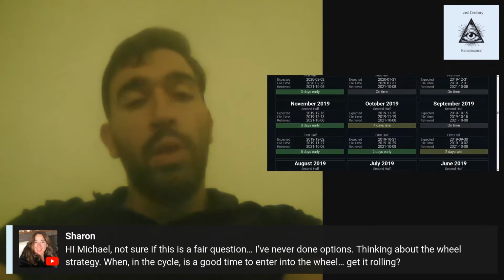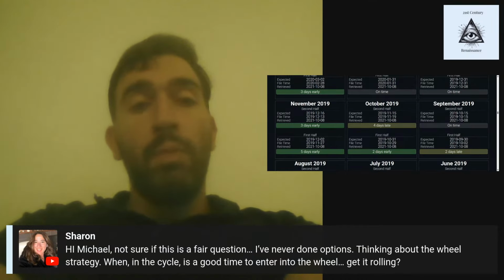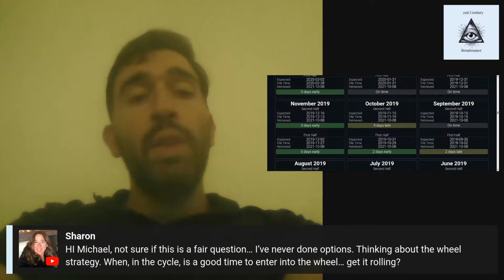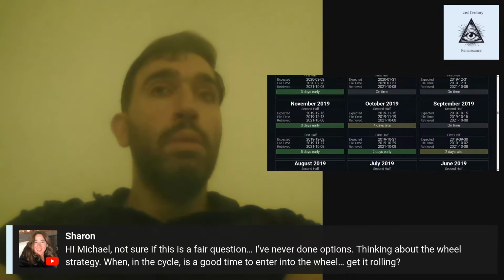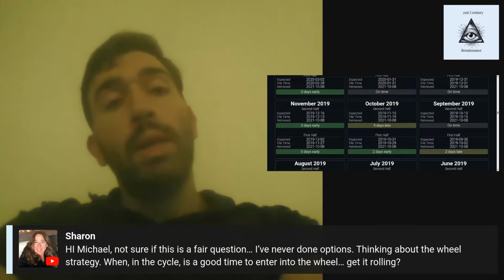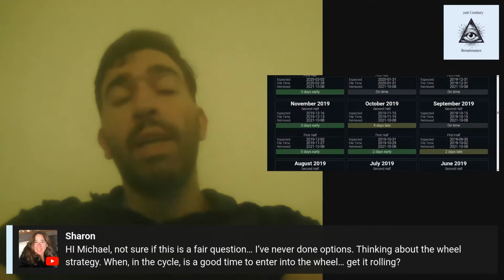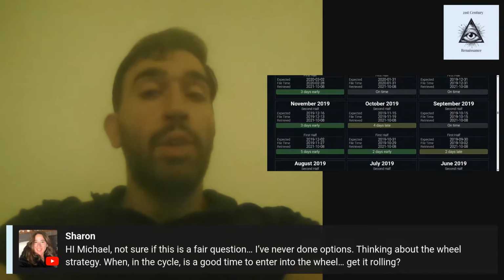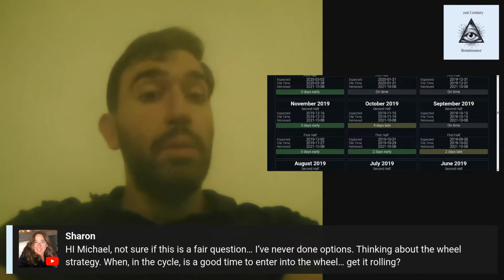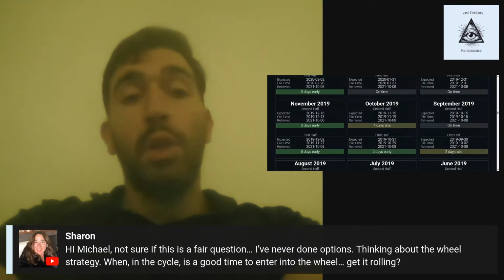If you're thinking about running the wheel, you take a look at a price that you would be comfortable, kind of break even, acquiring shares of the stock, and go ahead and use your cash as collateral to enter into cash secured puts. So you'll get a premium essentially to wait to purchase the stock, right?